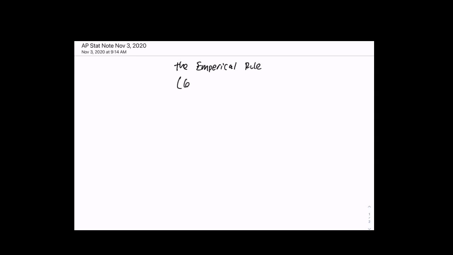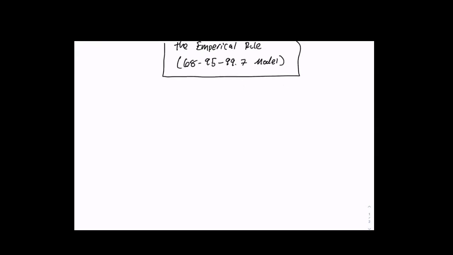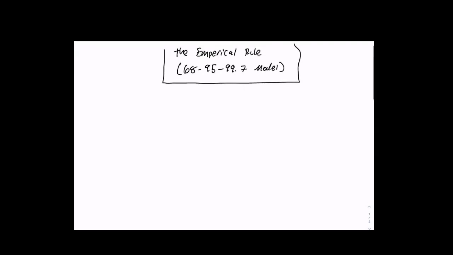Also known as the 68, 95, 99.7 model. Now, we are going to be studying a specific type of distribution.